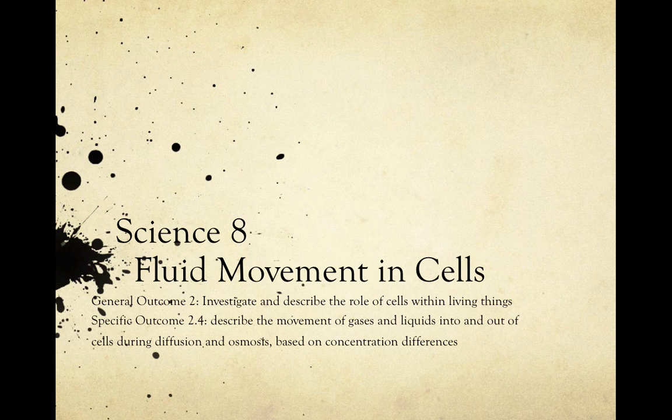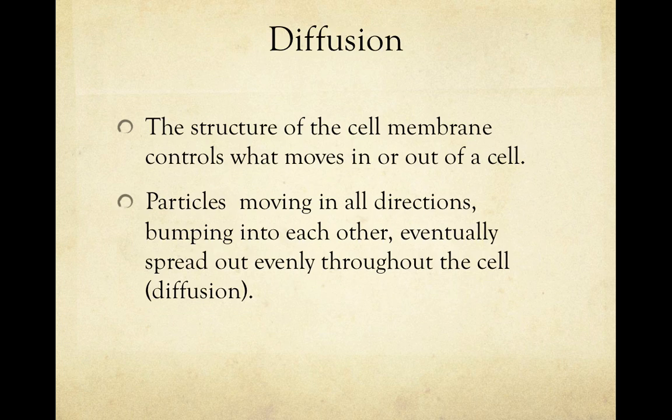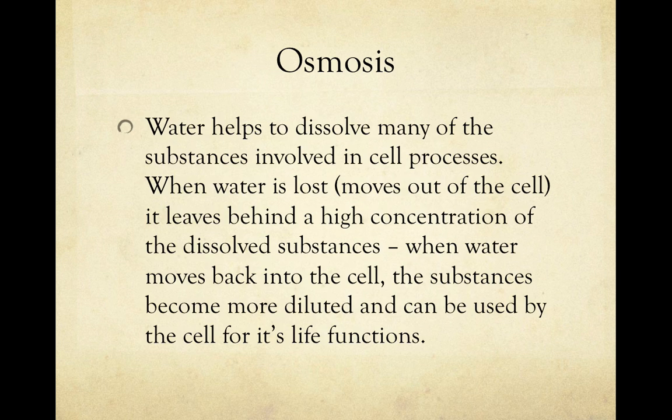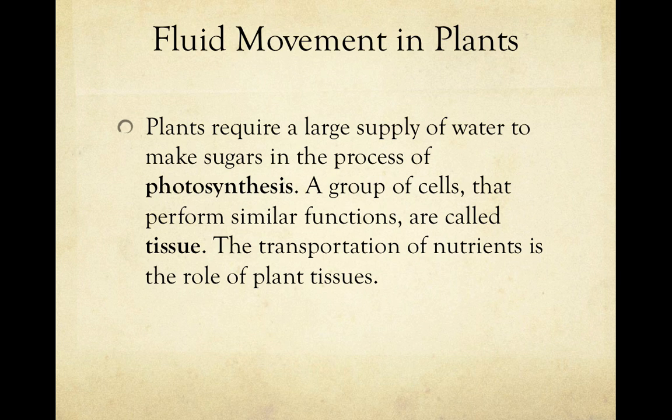As we go through this, it's important that we remember that we're talking about cells and tissues, cells being the basic unit of life, and how we can build off those cells to create the functioning living organisms that we see in the world today. Just going to skip through a few slides again to get to this fluid movement in plants.